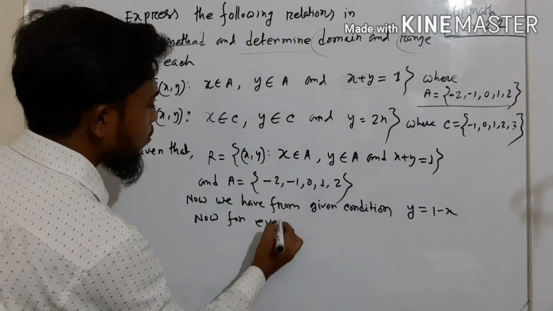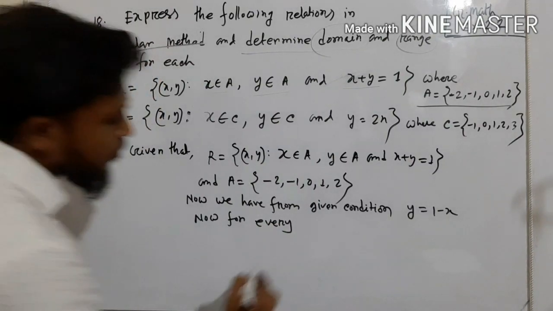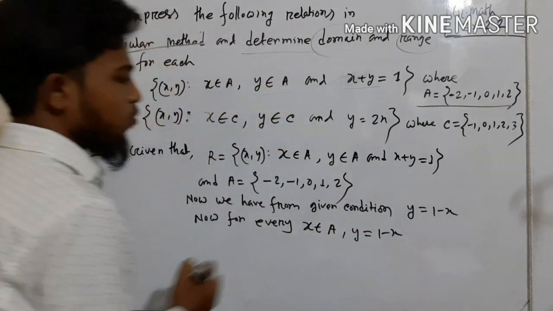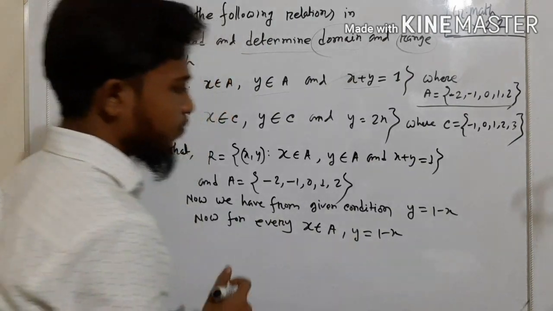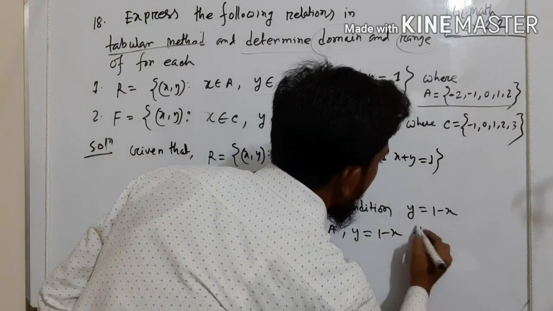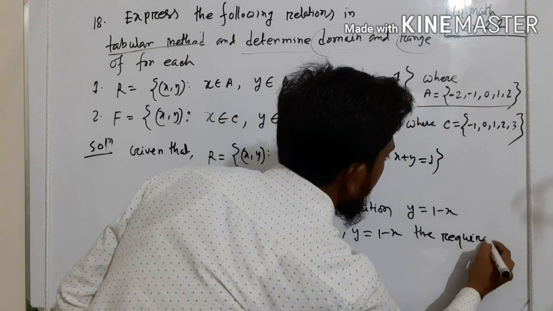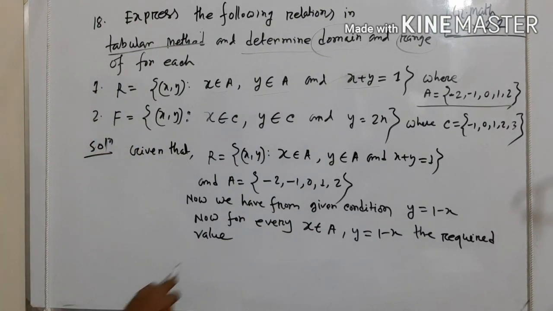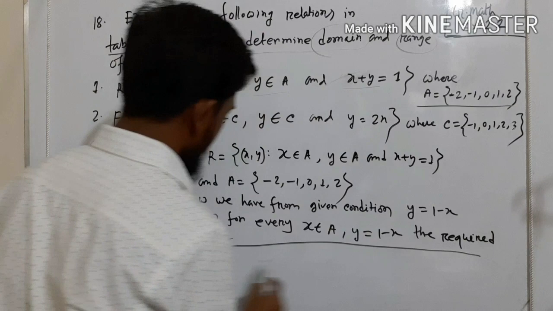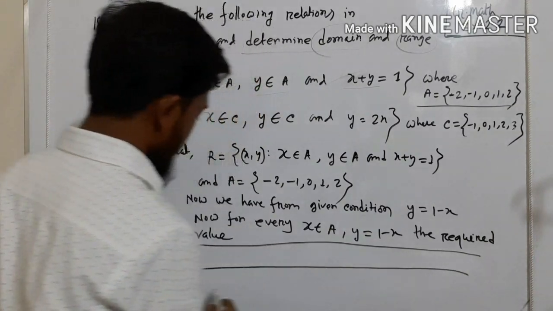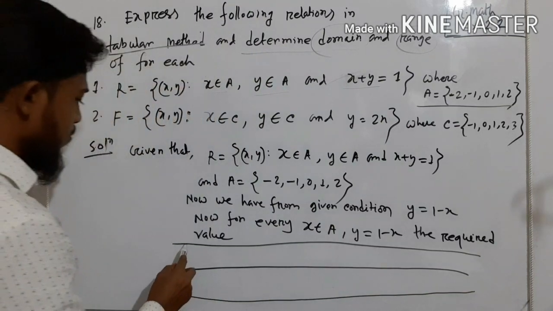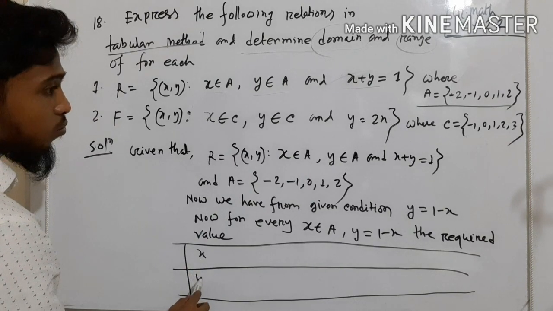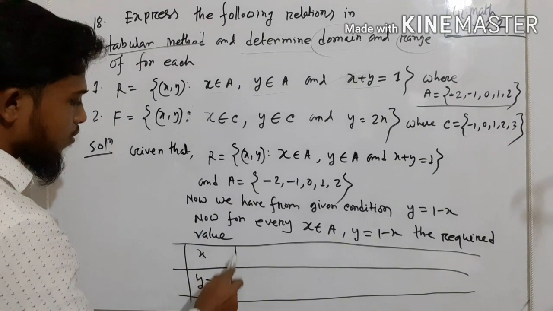Now, for every x in A, y equal to 1 minus x gives the required values. Here x and y equal to 1 minus x.